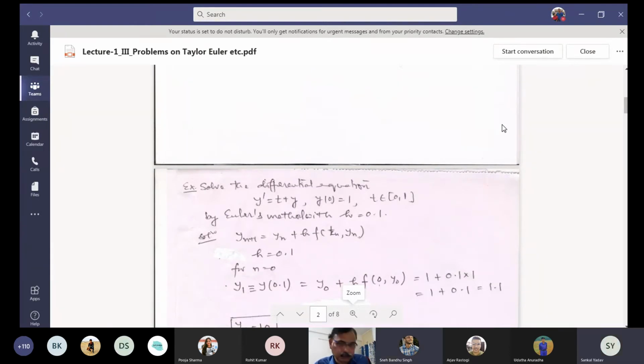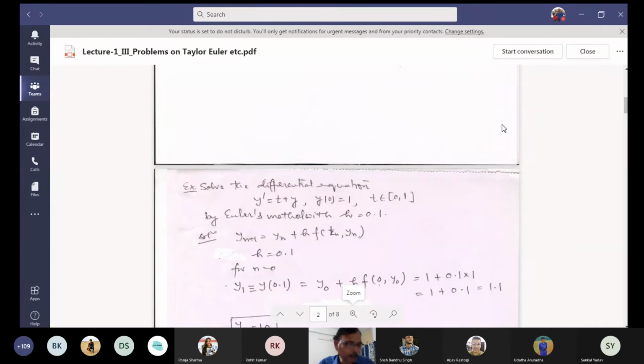Yes, sir. Okay, so you require two points, right? If you see the Euler method, it requires just one point, so the Euler method is called a single step method. The midpoint method is called a multi-step method. Even though one is a single step method and the other is a multi-step method, both are explicit methods.